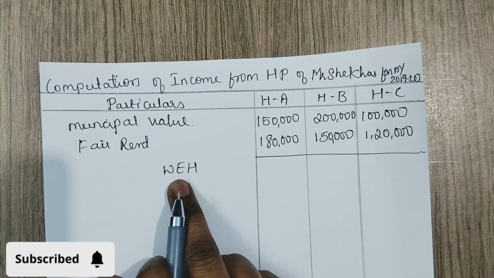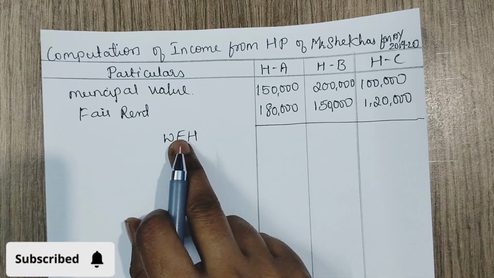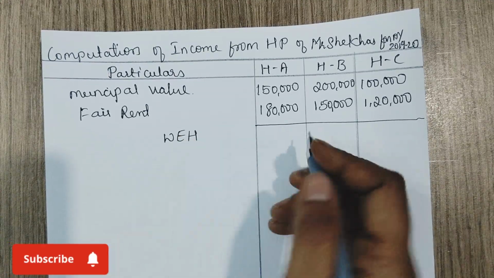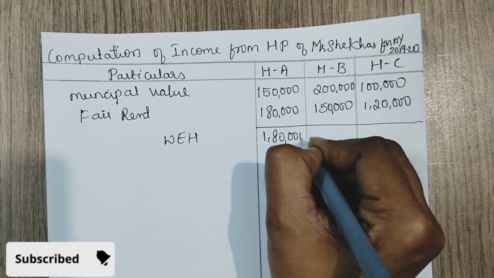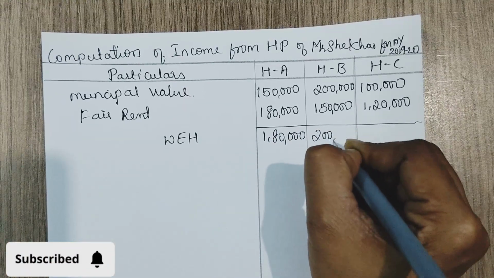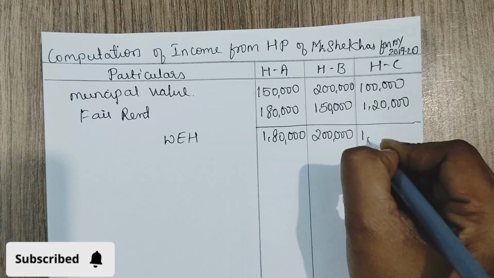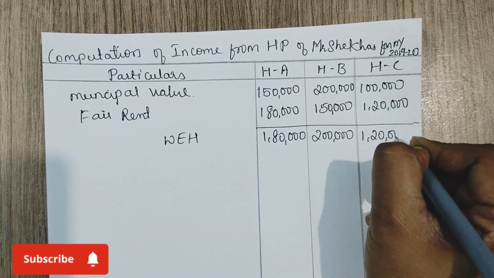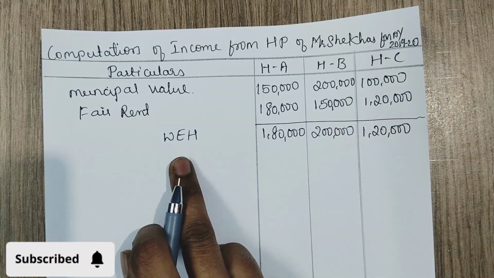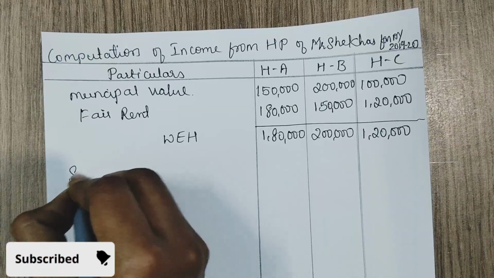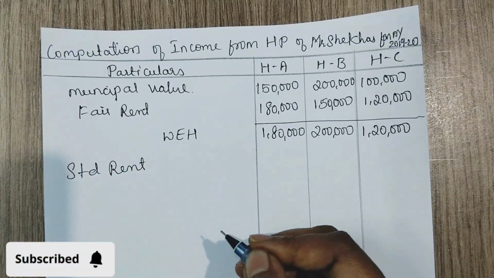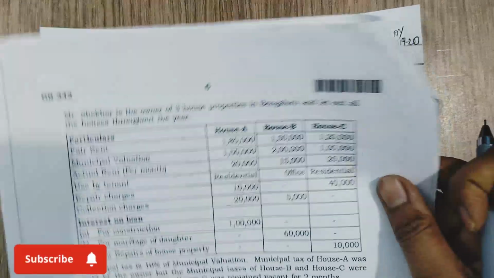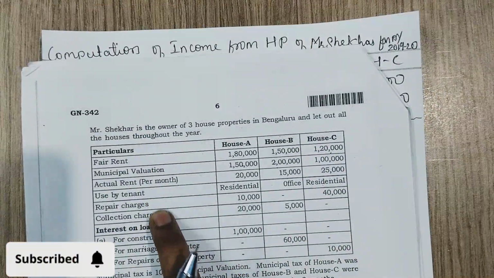What will we call this amount? This amount is called notional rent. Which is higher? 1,80,000, 2,00,000, 1,20,000. Now with this notional rent, we are comparing the standard rent. Is standard rent given? Standard rent is not given.